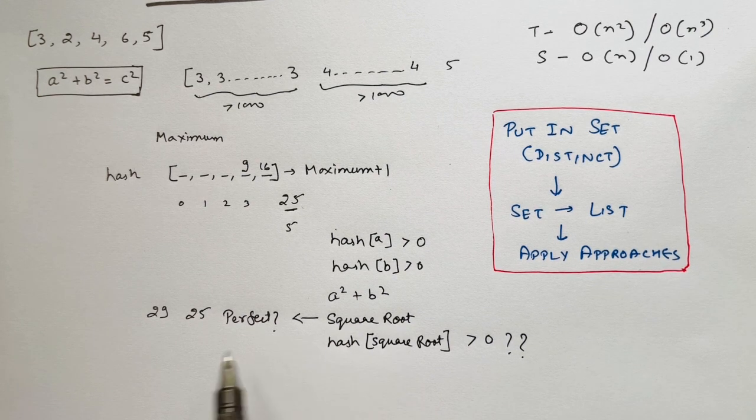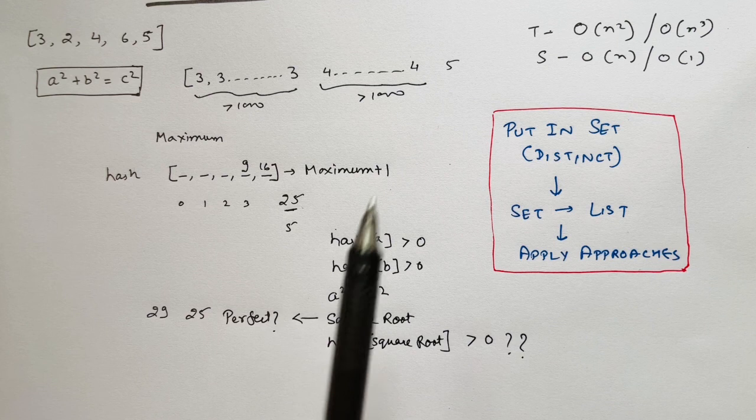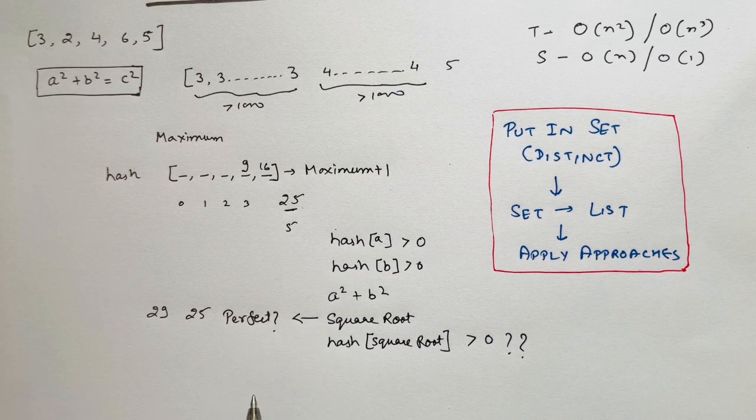If a square plus b square comes to be 29, let's say hypothetically, and we compute the square root as 5, then we cannot say that this triplet is present, right? So we need to check here whether a square plus b square's value is a perfect square.